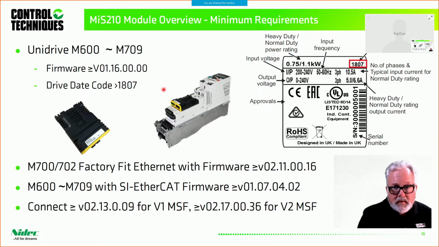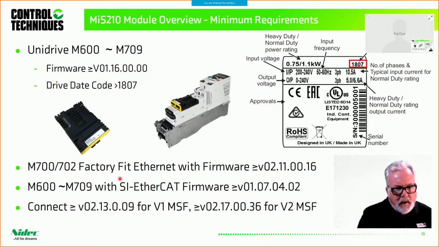So if you've got an existing M700 with newer firmware, or it's a newer drive, the module will work just fine. But if you've got an older one, even though you can update the firmware, you can't do anything about the date code. So make sure before specifying that your host drive, the M700 in this case, qualifies on both of those points.